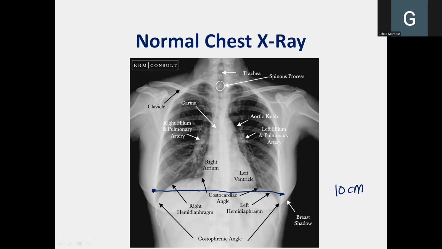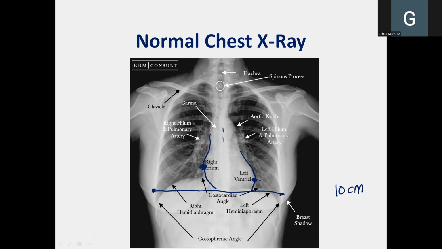But the problem is with the largest transverse diameter of the heart, because the most bulging points of the heart on the right side and on the left are not on the same level. Mostly you have the bulging point here on the right side, and the most bulging point is towards the apex there. So what are we going to do?